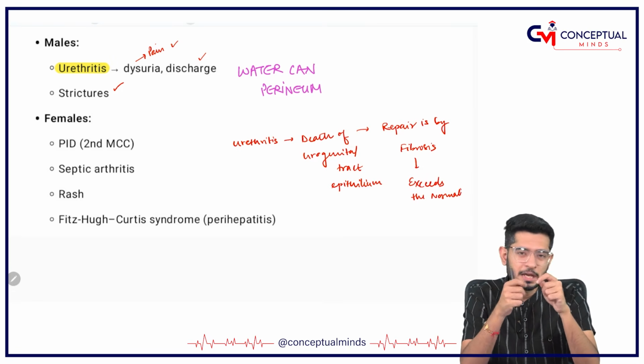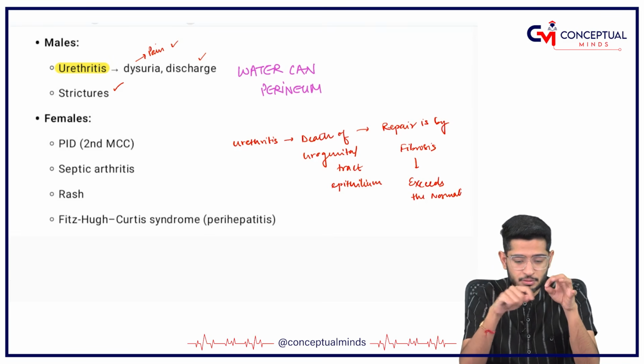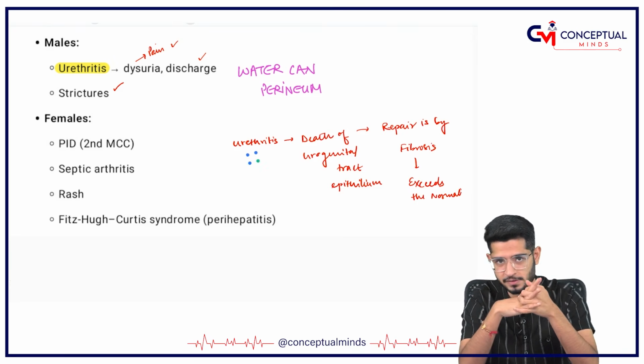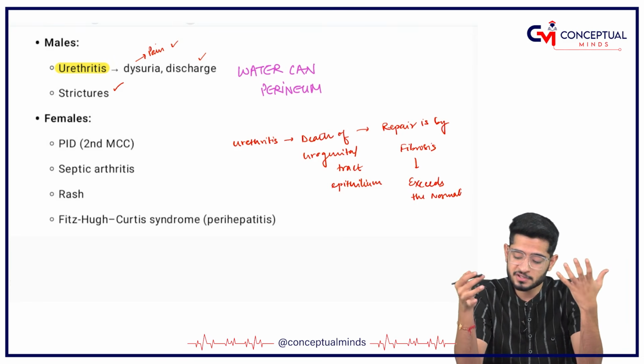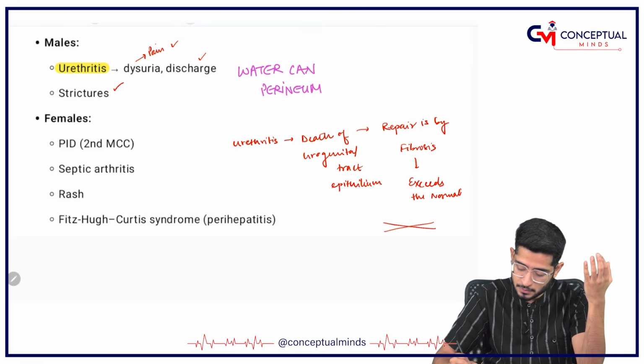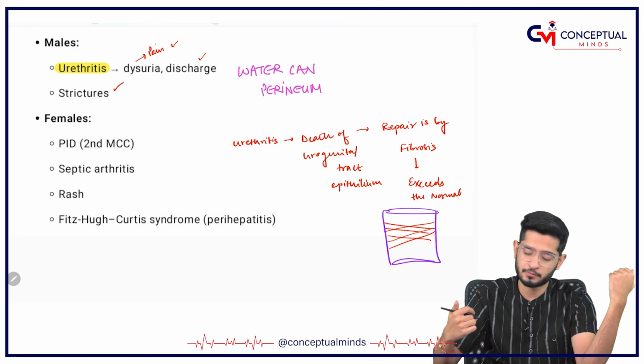This is simple. If a cloth of yours is getting torn, obviously you would stitch it, no? So if the cell is getting torn, there is a stitching by fibrosis. But if the fibrosis is exceeding the normal, that is called a stricture. So this was the normal lumen, and there are a lot of strictures which have been formed inside.